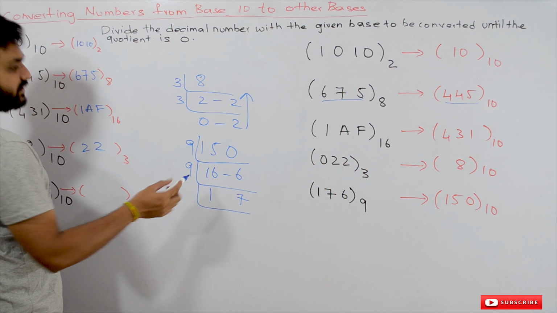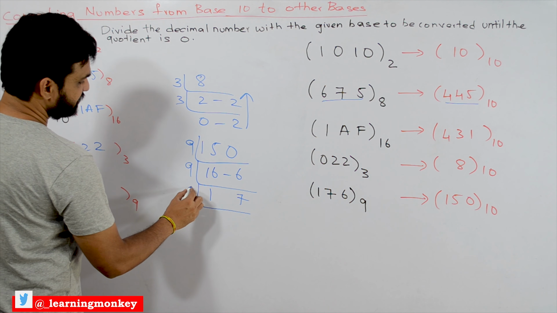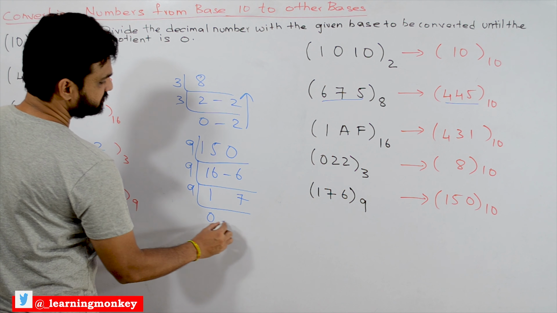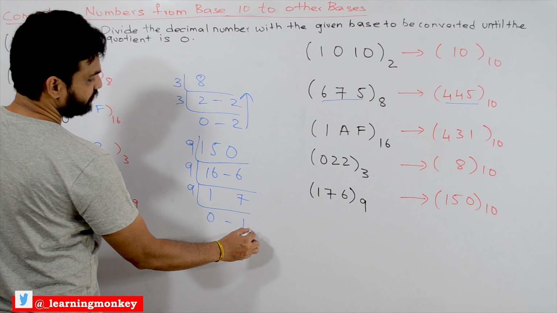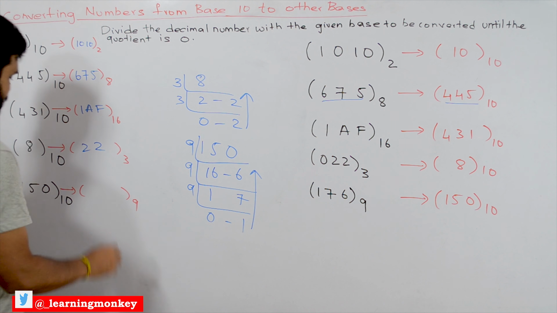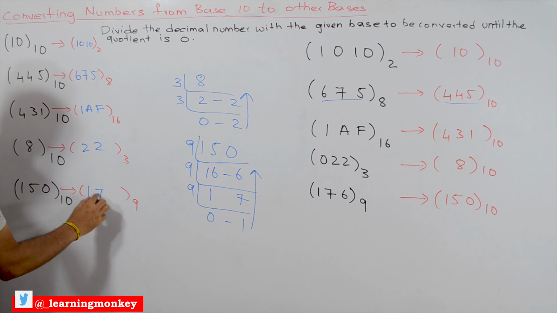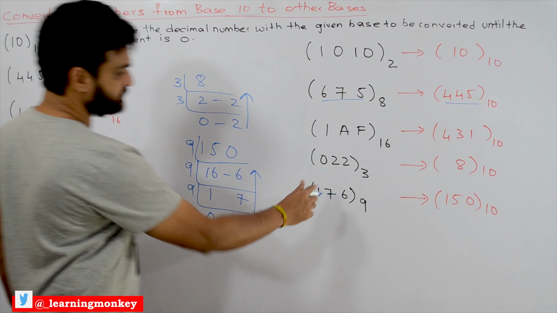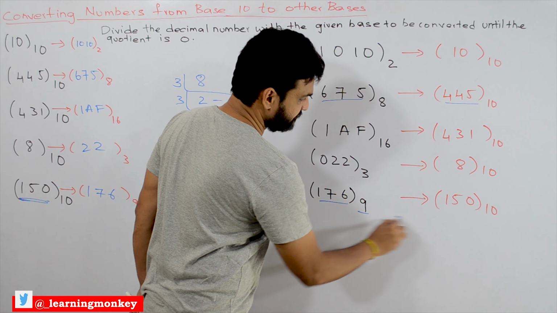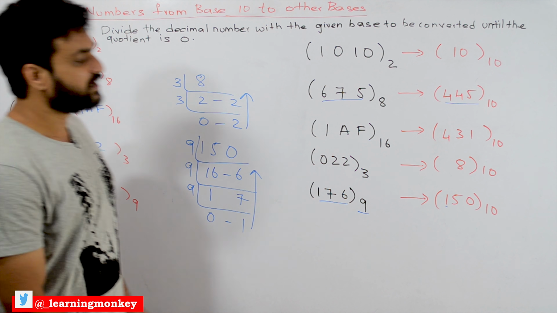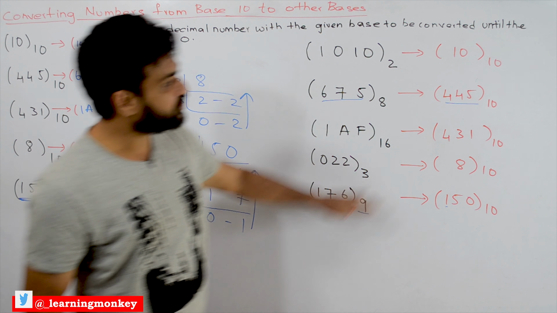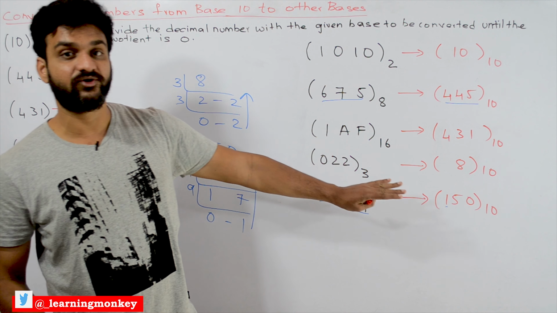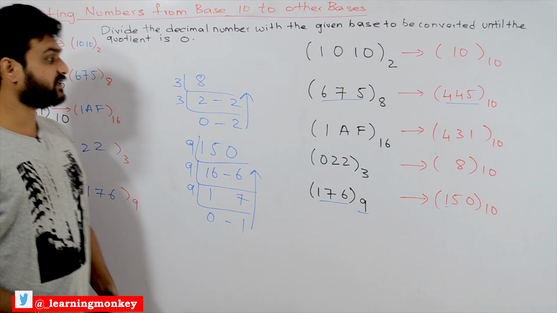And similarly, 1 divided by 9 is 0, remainder 1. So 176 to the base 9 is equal to 150 in base 10. See here, 176 to the base 9 is 150 to the base 10. These conversions have already been made in our previous video. Please watch that video and come back here.